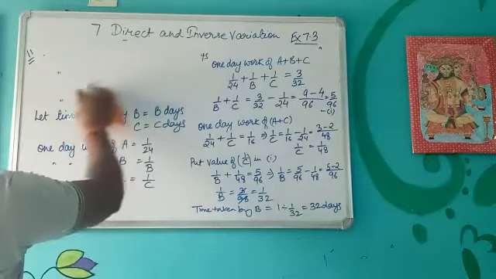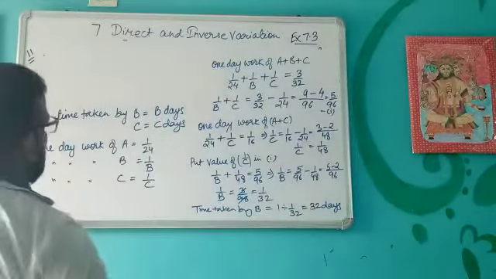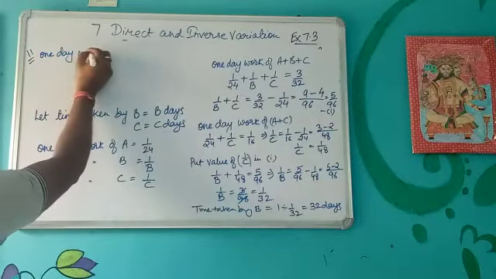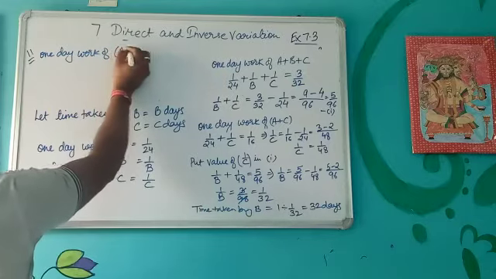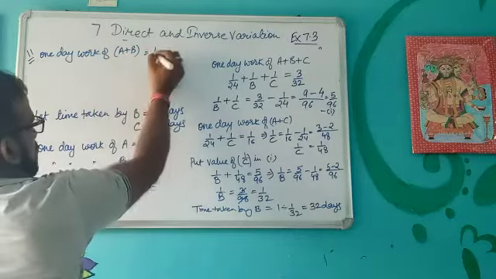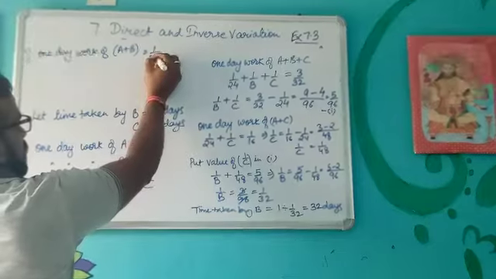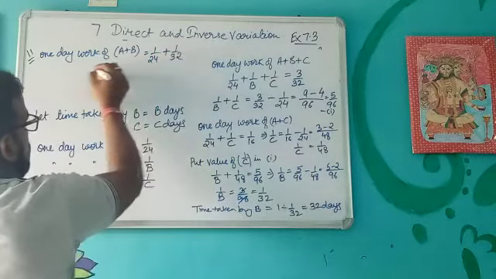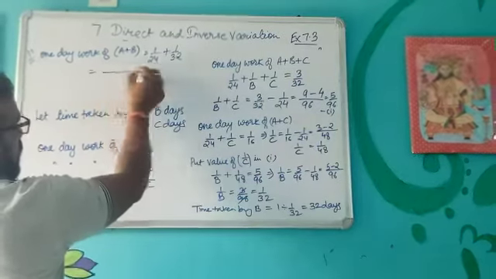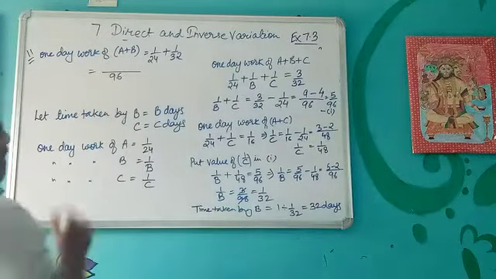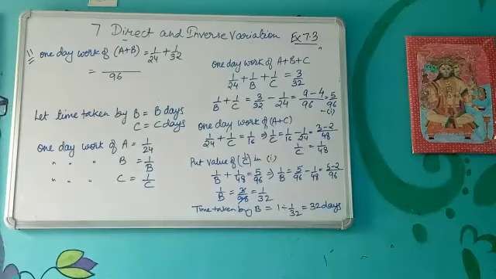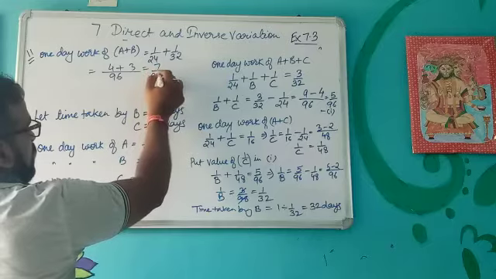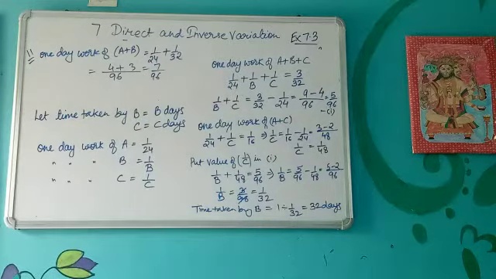So for that what we will do, we will calculate 1 day work of A and B. That is, A is taking 24 days, so it is 1 upon 24. Now for B we have 1 upon 32. So after solving, with 96 as the LCM, it is 4 plus 3, that is 7 upon 96.